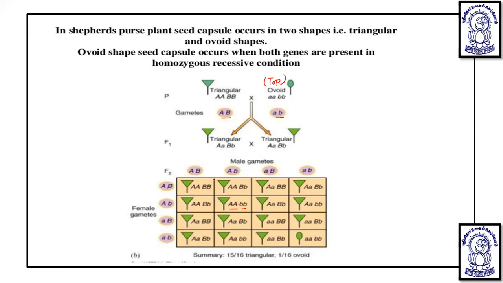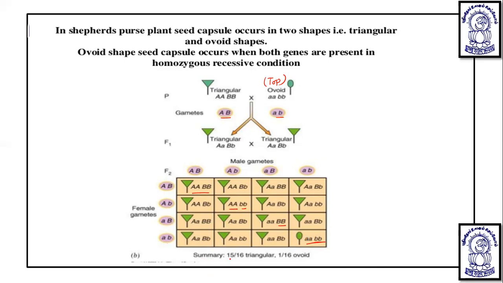If either A is present in dominant form or B is present in dominant form, triangular is going to be produced. If both are in dominant form, then also a dominant trait, that is triangular, is produced. But when both genes are recessive, they are not duplicating each other, so they produce the top shape or oval shape.